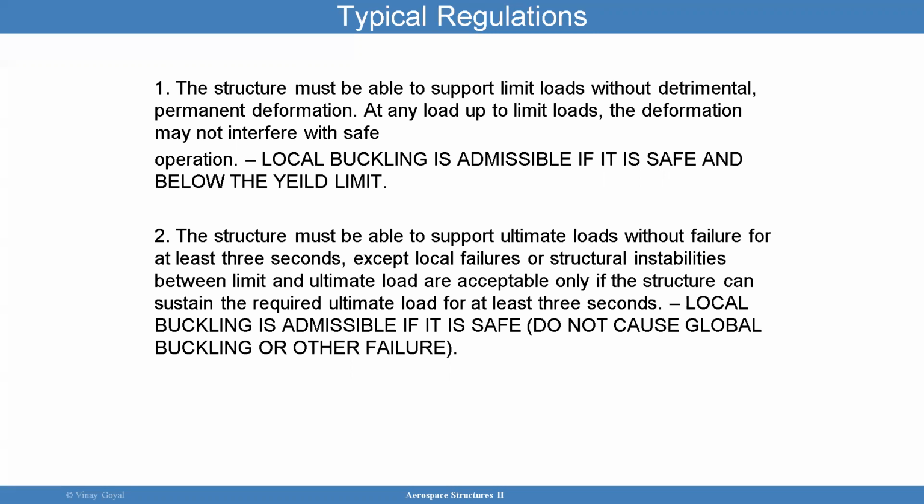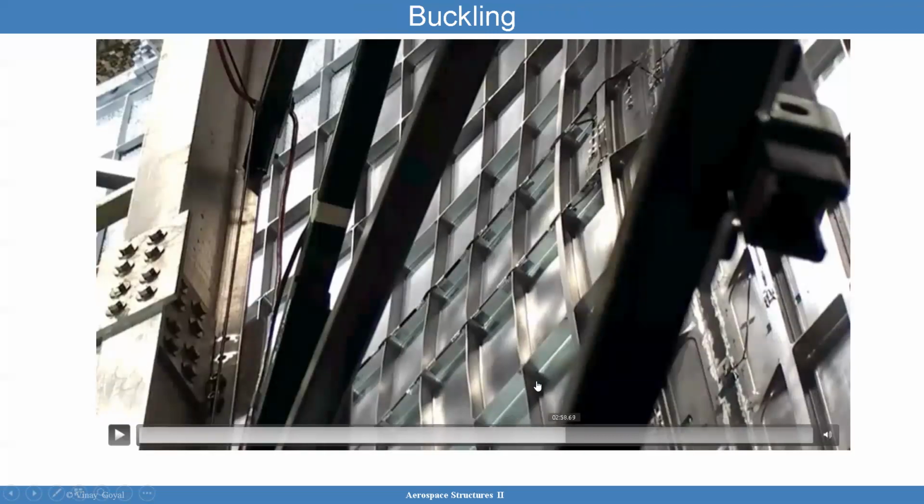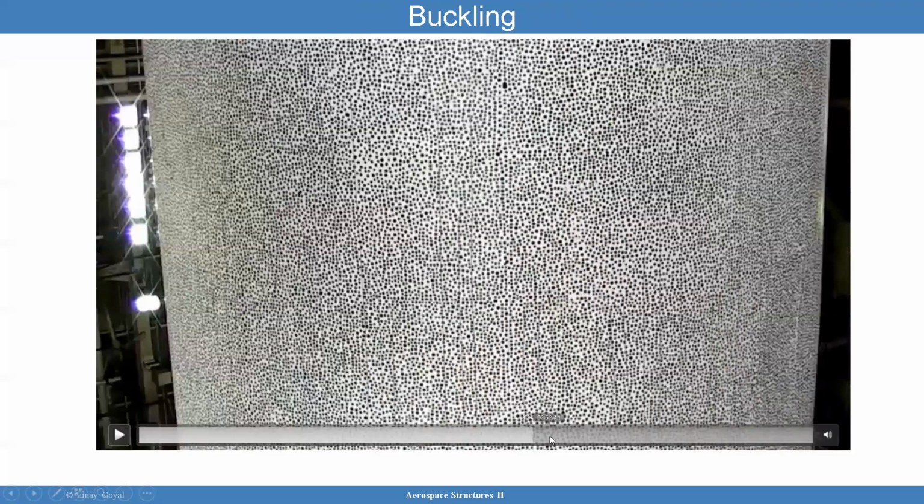Typically, that's what the regulation may look like, except local failures or structural instabilities between limit and ultimate load are acceptable, only if the structure can sustain the required ultimate load for at least 3 seconds. Local buckling is usually admissible if it is safe. In other words, here in this test, about this time, you start to see some pocket buckling before that, right?